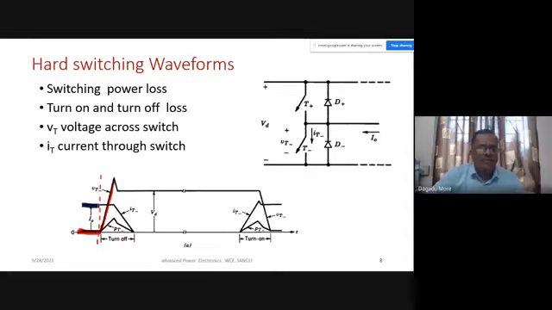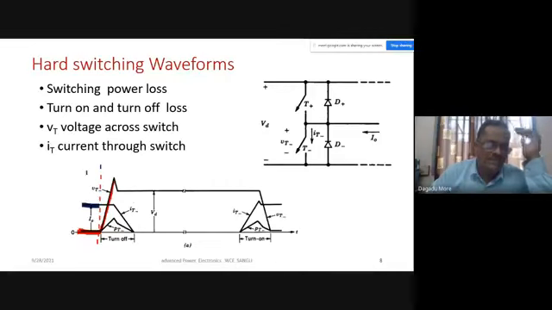Up to this vertical line, the voltage across the switch is 0 and it carries current. So the switch is on in this period, earlier to this. Now at this instant, we apply the signal to turn off.